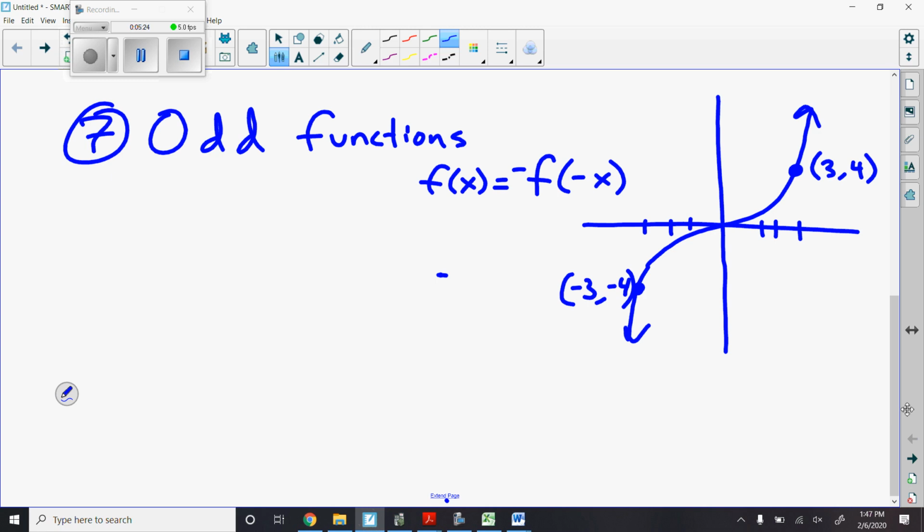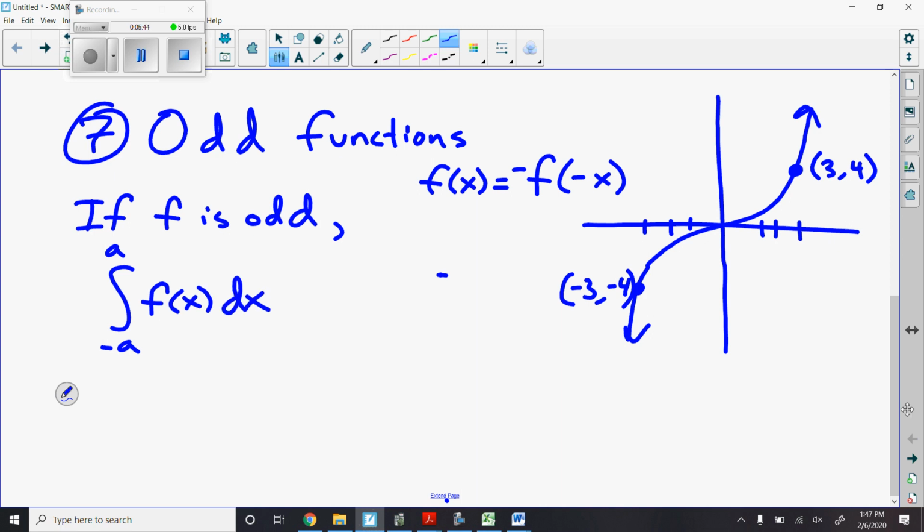So when we see odd functions, when we integrate from -a to a, again, this only works for odd functions. Well, what do you think that integral would be equal to? Well, what's happening here is we get, again, two equal-sized regions. Well, one of them is negative in value, and the other one is the same value but positive.